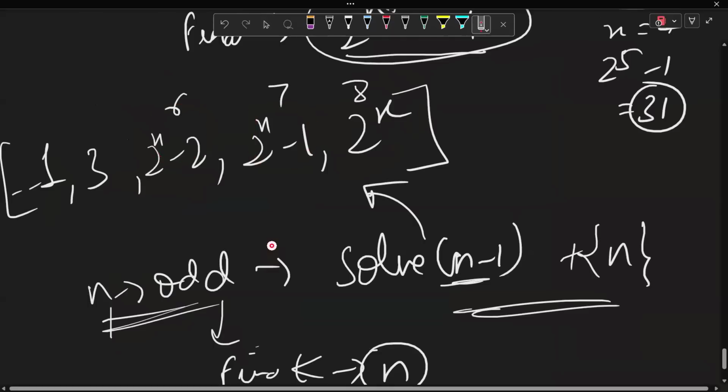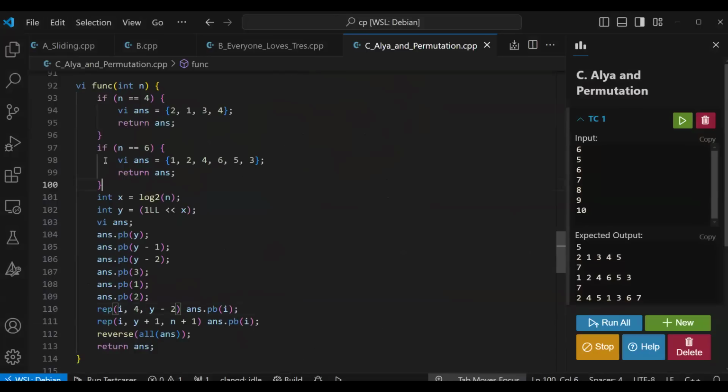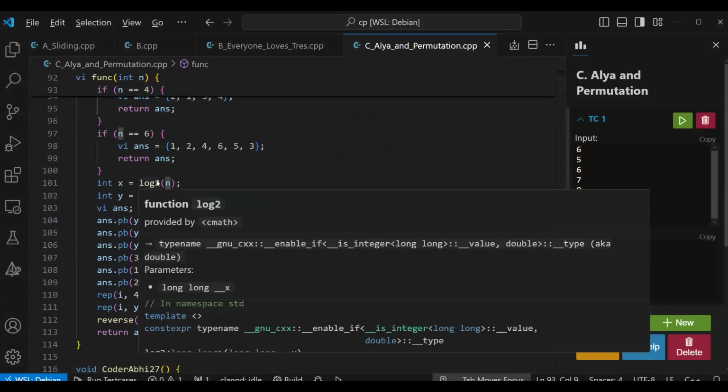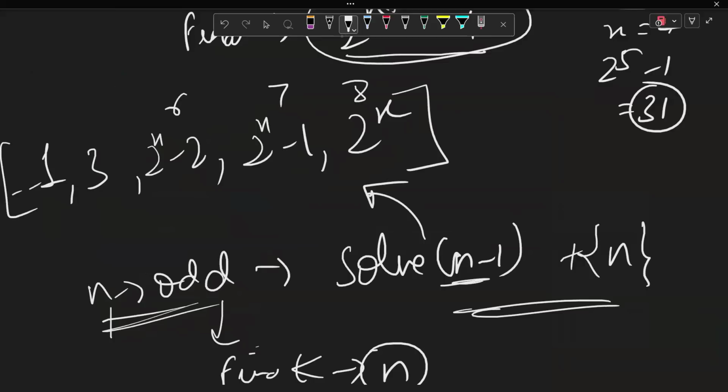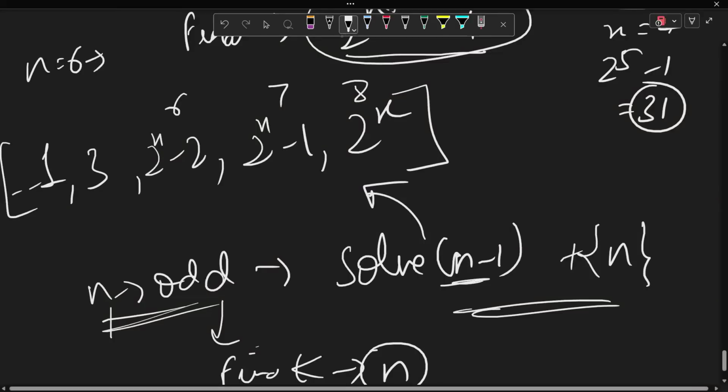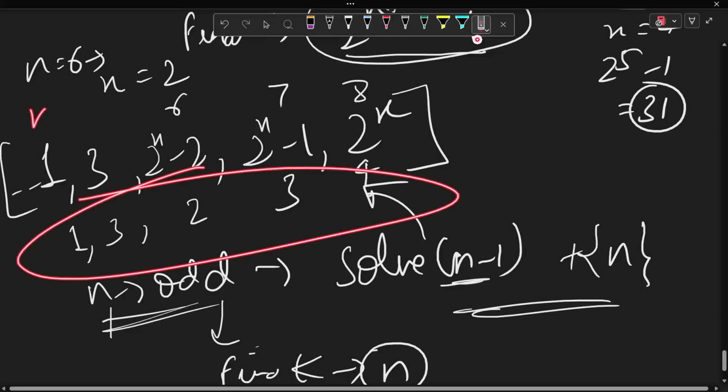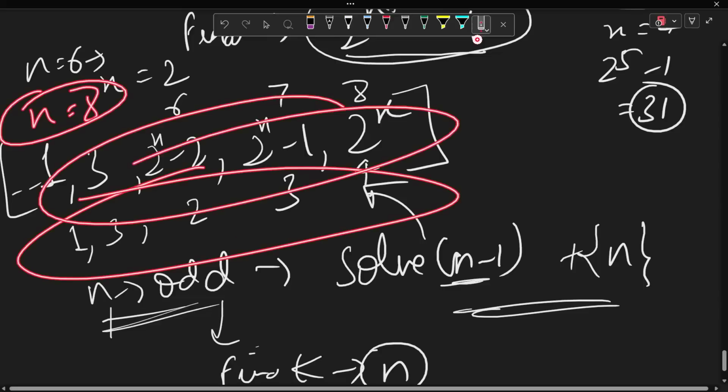For small n equal to 4 and 6, this was not valid, because if you look at n equal to 6, my x would be 2, since log base 2 of 6 is 2. So 2 to the power x would be 4, this would be 3, this would be 2, and then again 3 and 1 would be used. So this would be a little wrong. From n equal to 8, this is valid.